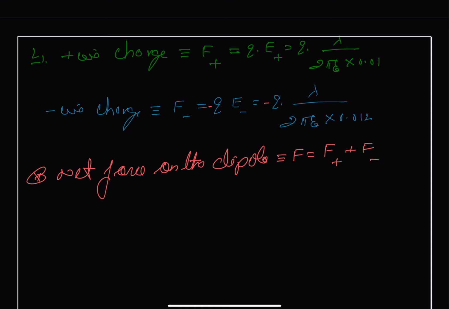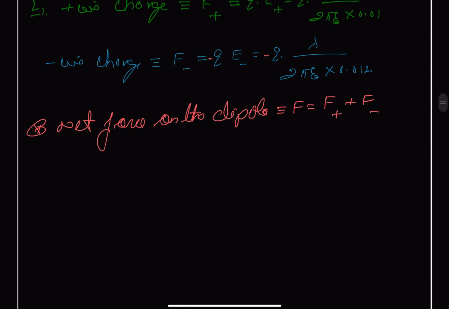And please remember, this negative is just a representation of the direction, that it will be on the opposite side. Okay. And therefore we get F equal to Q lambda upon 2 pi epsilon naught as common, times 1 upon 0.1 minus 1 upon 0.012.